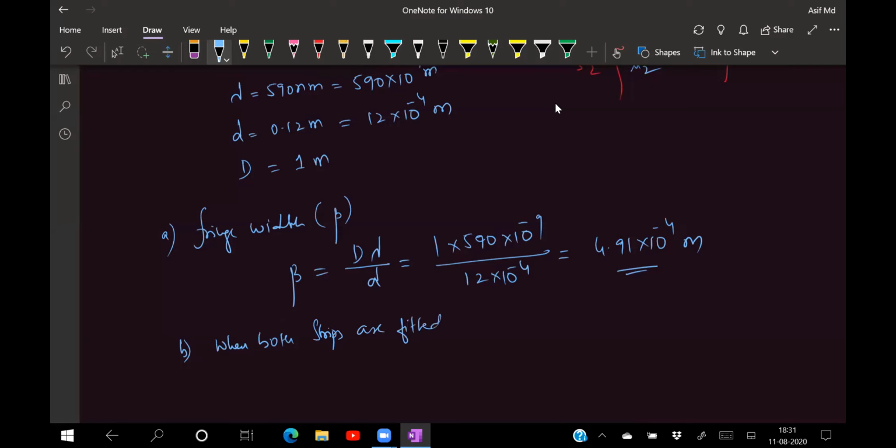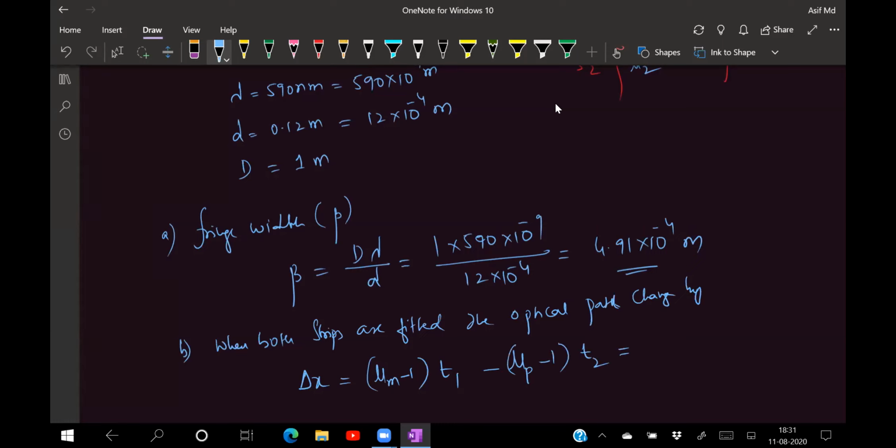The next part is when both strips are fitted. I already told you this concept, how to do it. The optical path changes by how much? The optical path changes by delta x is equal to refractive index of mica minus 1 into thickness T1, minus refractive index of polystyrene minus 1 into thickness T2.